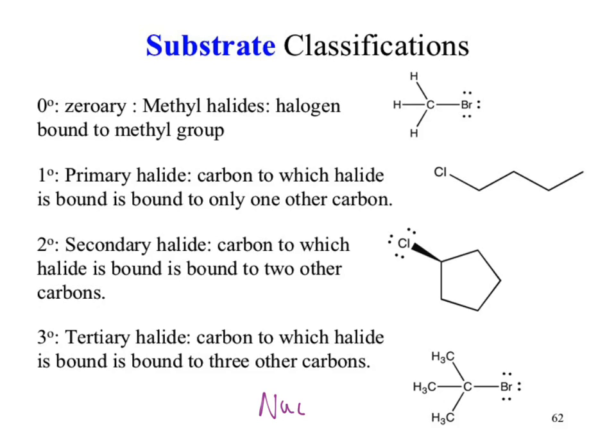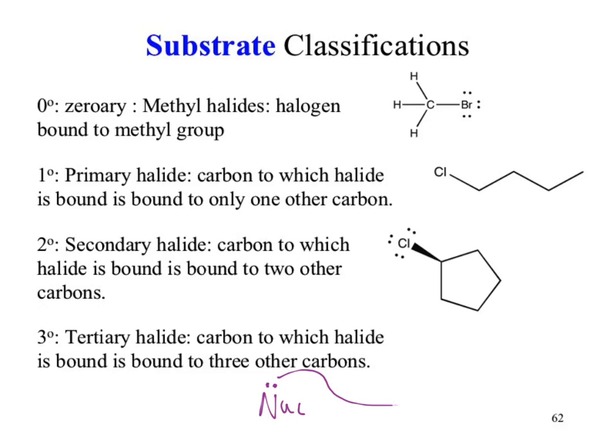This is your jam. SN2. What happens in the SN2? It's our backside attack. What's the issue on the backside of the tertiary? What's back there? Carbons. What do carbons have? Electrons. Can the tertiary substrate react under SN2 conditions? No. If you have a tertiary substrate, no SN2.